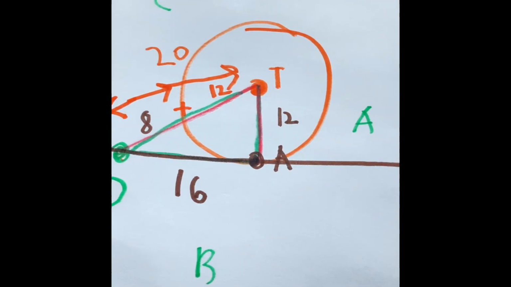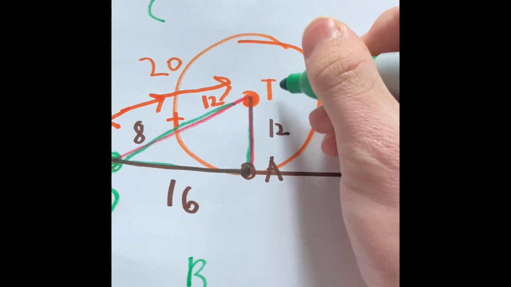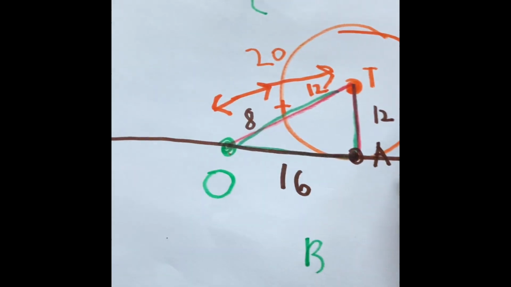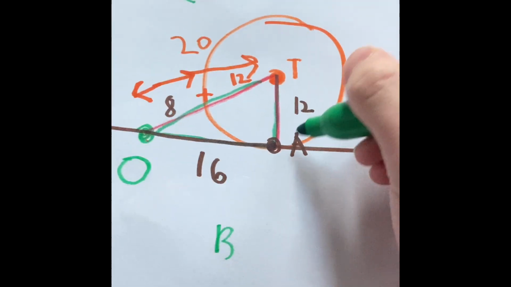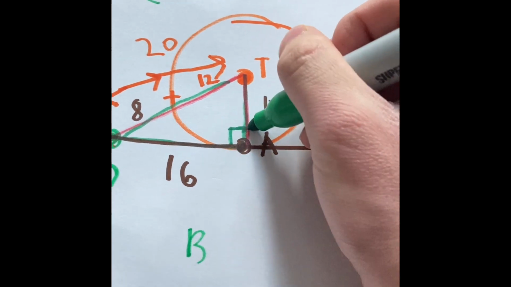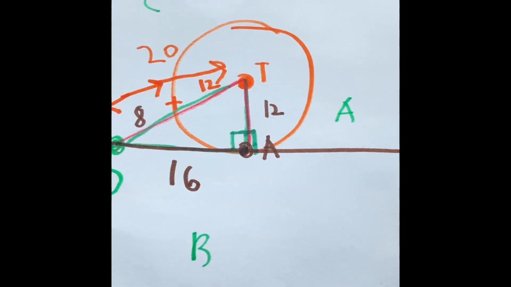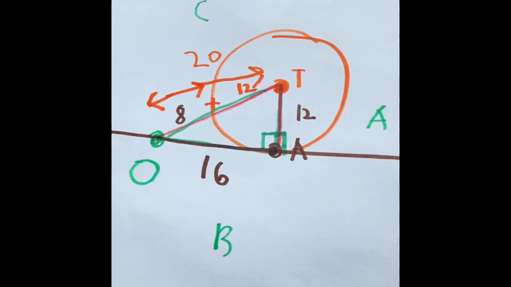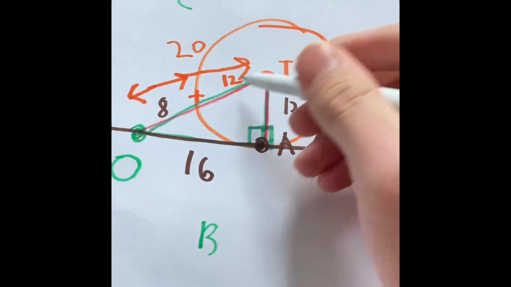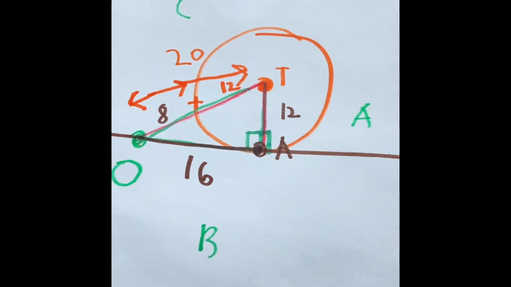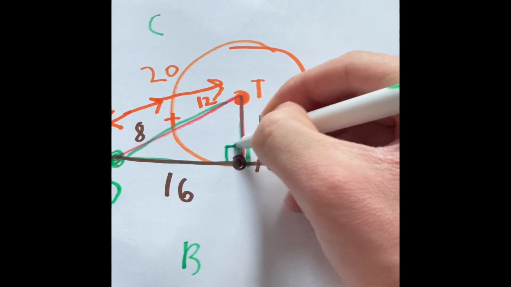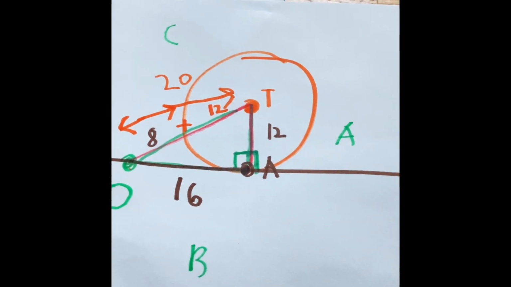And it also means that line TA and line OA are perpendicular.